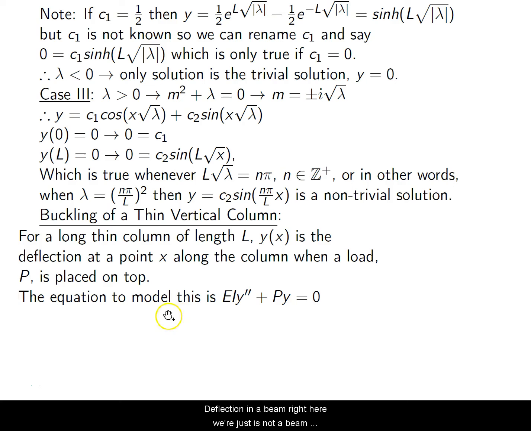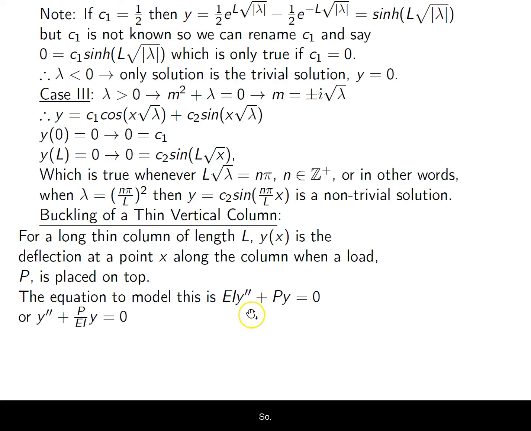Here it's not a beam, it's just a very thin rod or string. So the equation we have here to model this is the flexural rigidity times the second derivative plus this load that's placed on top. For the other one, the load can be placed along the center of a beam. Here we are explicitly saying it's on top.